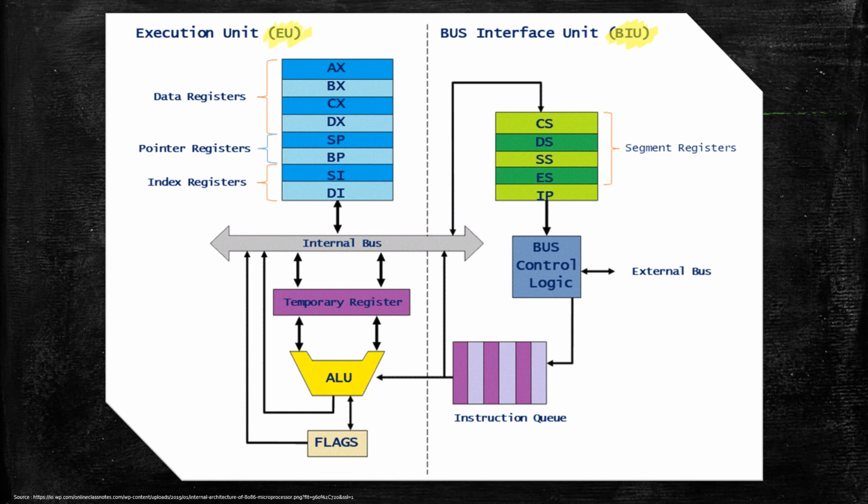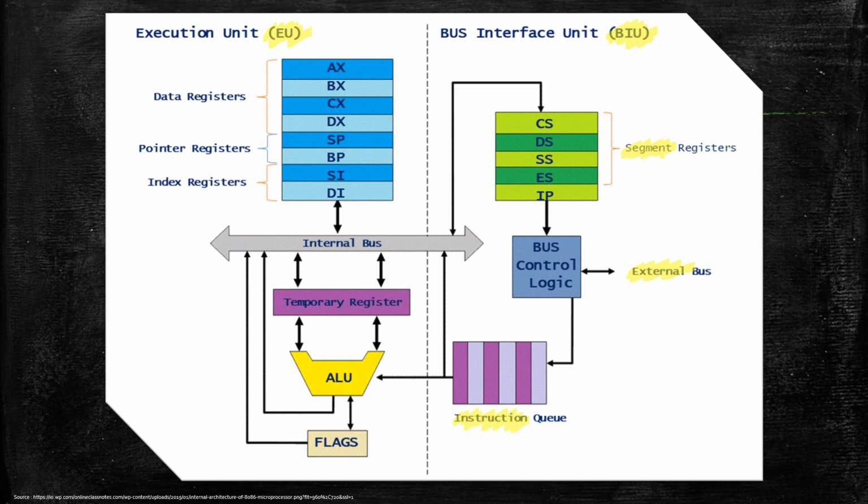This bus interface unit is nothing but your cables and everything, but this bus interface contains all the segment registers, you can find in the BIU side, also external buses and instruction queue. So these are the three portions, normally we call them together the BIU.